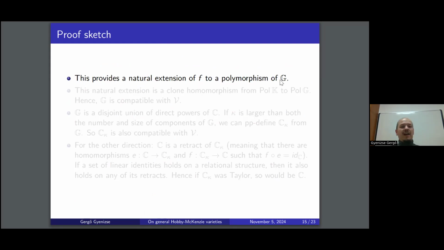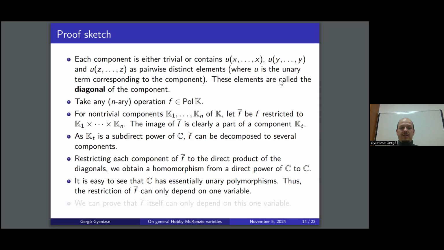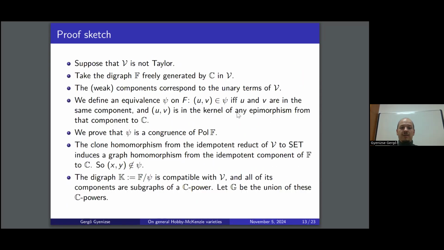So piecewise, we can extend F to a mapping between the C powers that the components of K live in, and form a polymorphism.